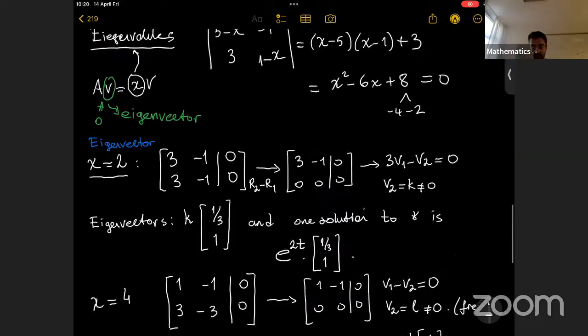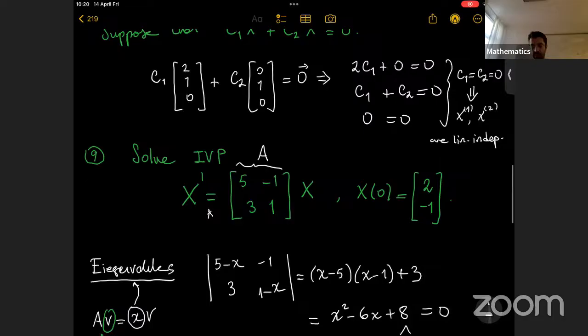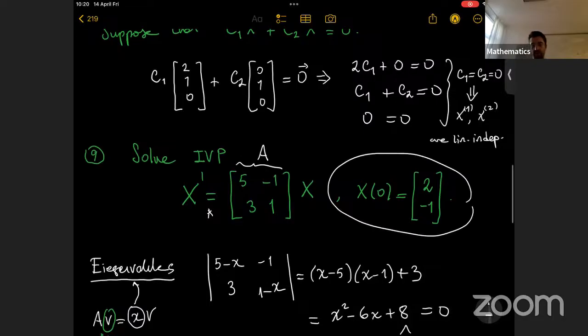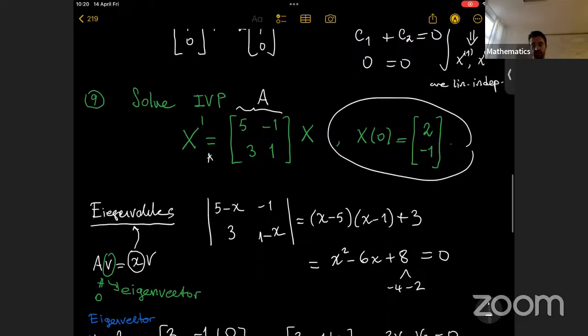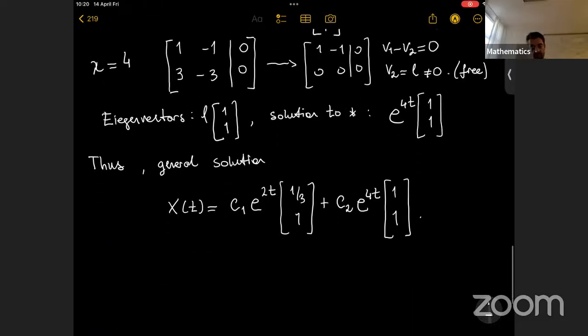At 0, we had this vector (2, -1). So we had this initial condition. Using this initial condition, we can find the coefficients C1 and C2. Remember, x(0) is (2, -1).